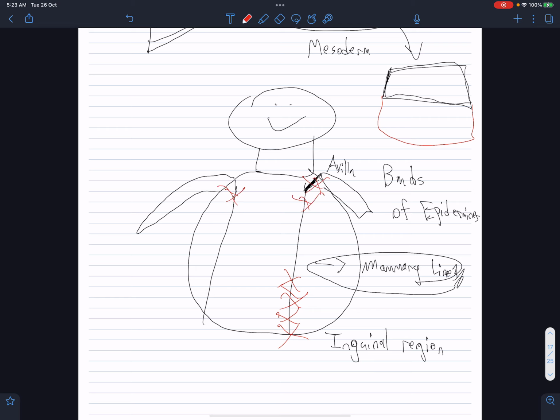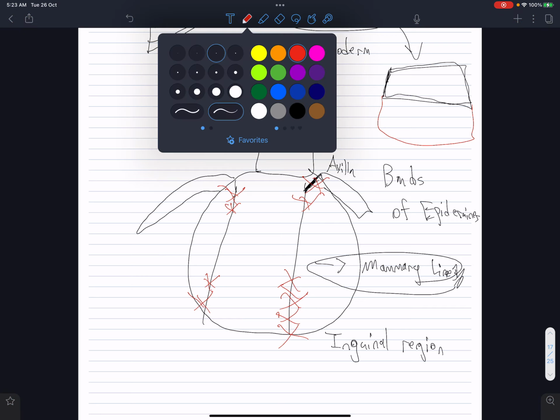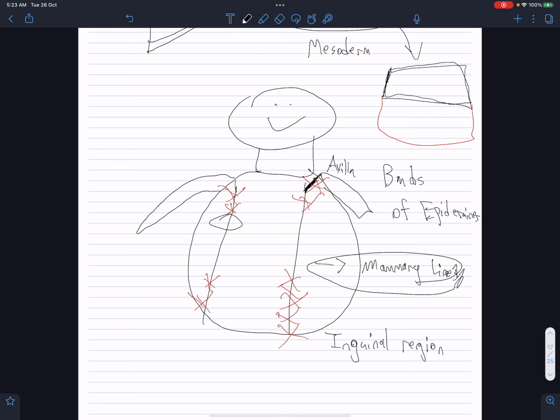Except the portion of the mammary line within the thoracic region. So we're talking about this region. This portion of the mammary line within the thoracic region is persistent. It will not degenerate, but everything else should degenerate, because if it didn't, it would give you an anomaly, right? Like polythelia or polymastia, for example.